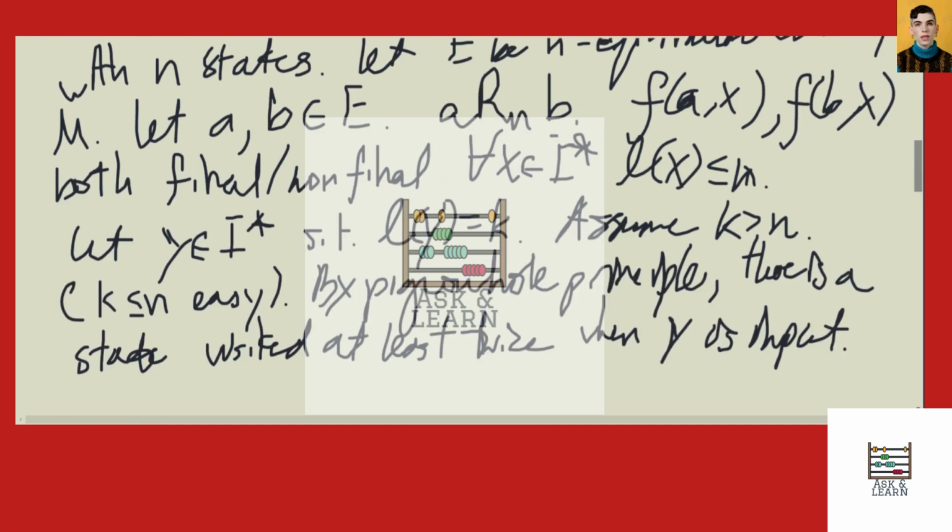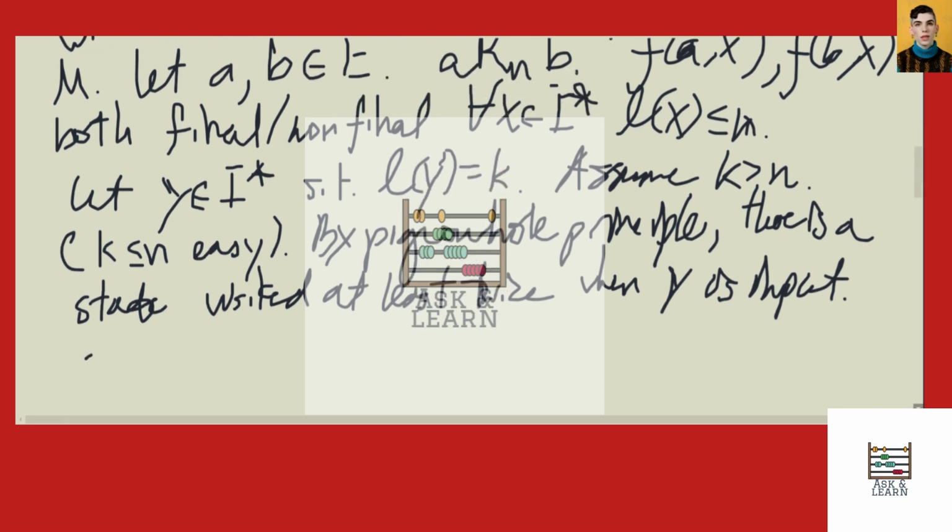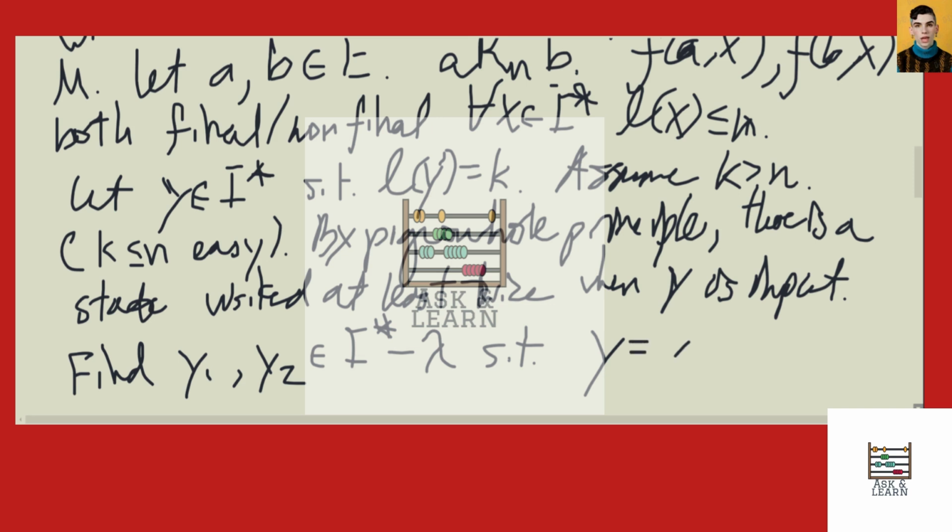And so, just as before, we can find two strings, y1 and y2, that are non-empty, such that y is the concatenation of y1 and y2, and we have that y1 has length at most n, and the string y1 ends in the same state as the string y.